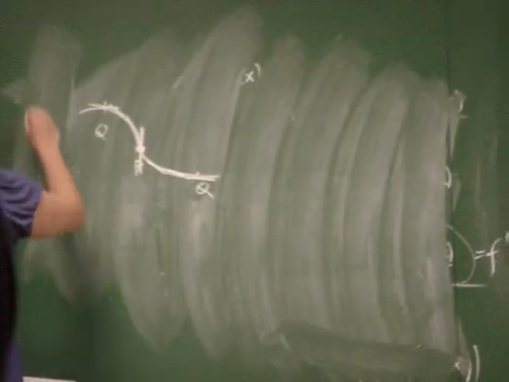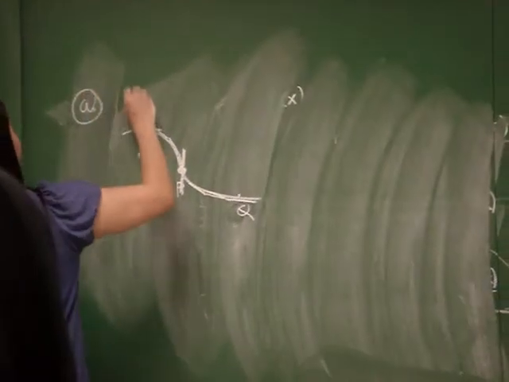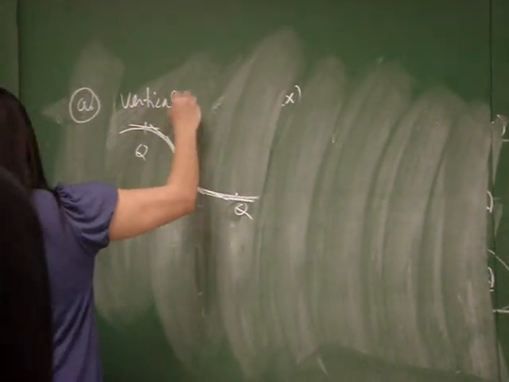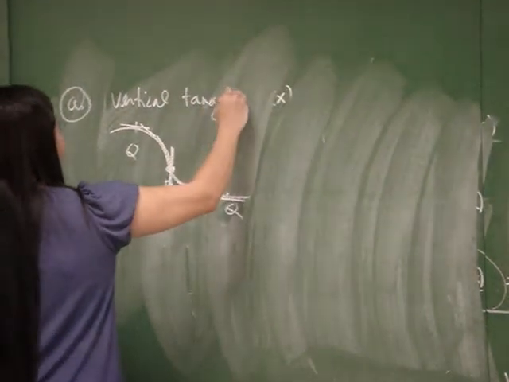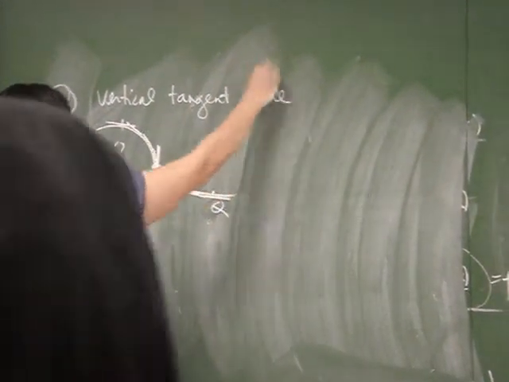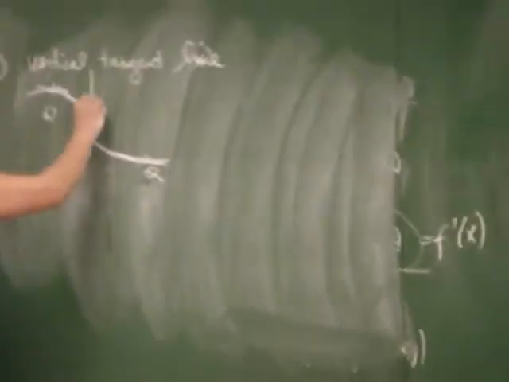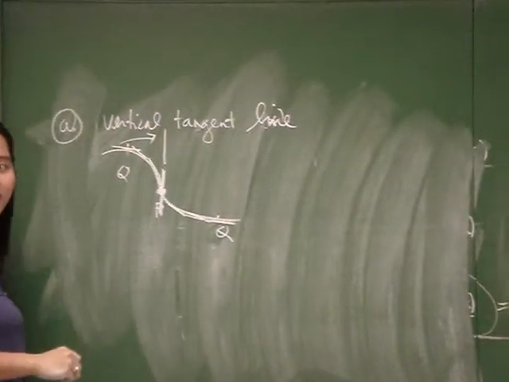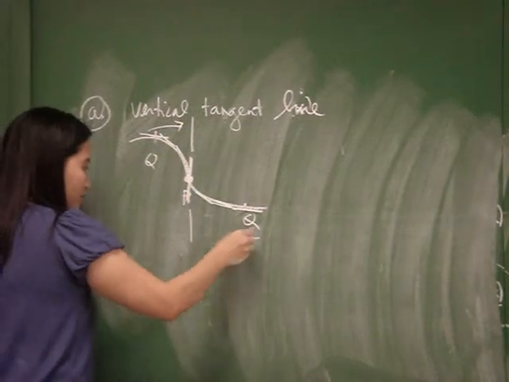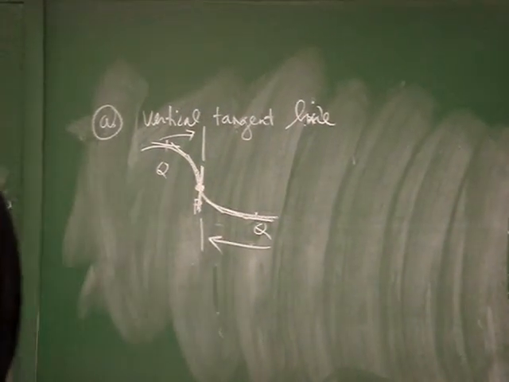This is the first case: vertical tangent line. Okay, so the tangent line here moves in this direction, and the tangent line at this point moves in this direction.